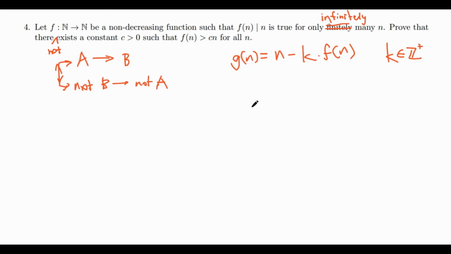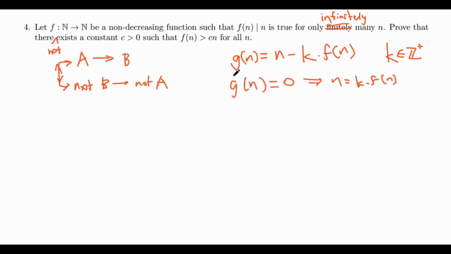So if we can show that g of n has a root, so g of n equals 0 for some value of n, then this implies that n equals k times f of n, which means that since k is a positive integer, f of n divides n.